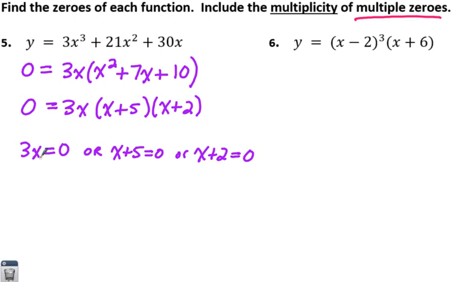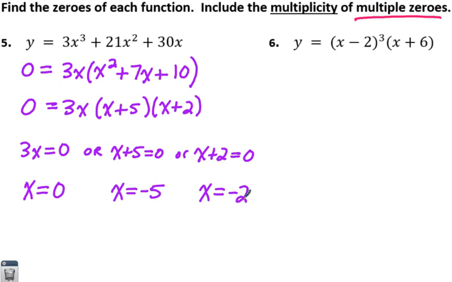Now, solving all of these for x is going to be very, very, very simple. Divide both sides by 3. Okay. 0 divided by 3 is 0. Subtract 5 from both sides. You get that. And then solving for x here, subtracting 2 from both sides.